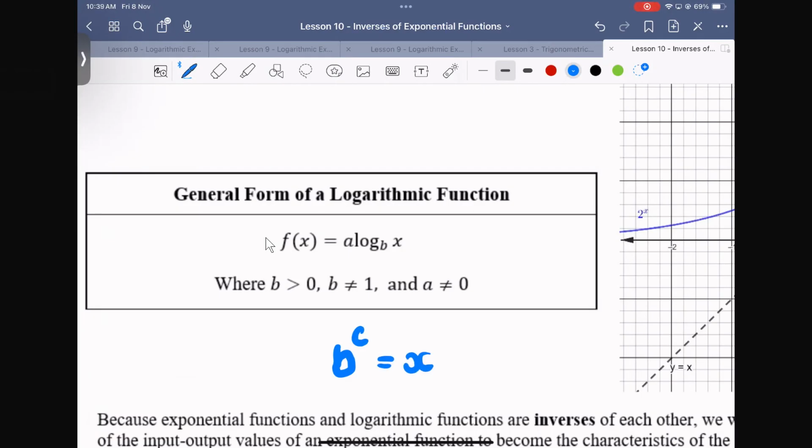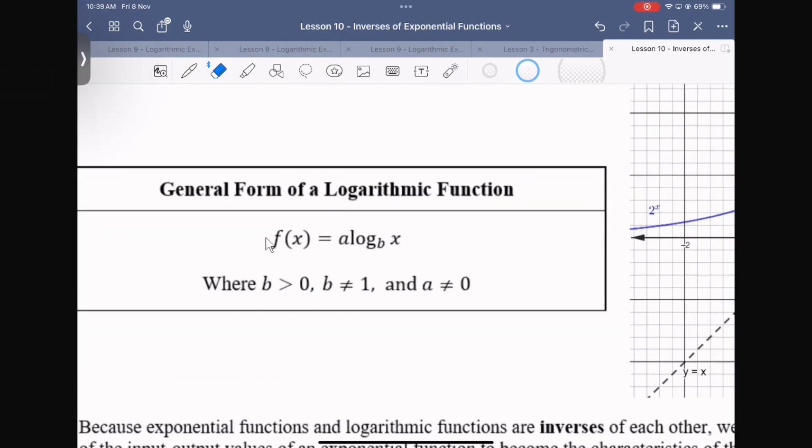Obviously this b can't be 1, otherwise it's not going to create an exponential function, and it can't be negative, because as you're going up with values of c which are non-integer values, it's going to create square roots. So if c was a half, it would create a square root, and that's not going to work. So obviously this has to be greater than 0, and it also can't be 1, and a can't be 0, otherwise the whole function just becomes f of x equals 0.